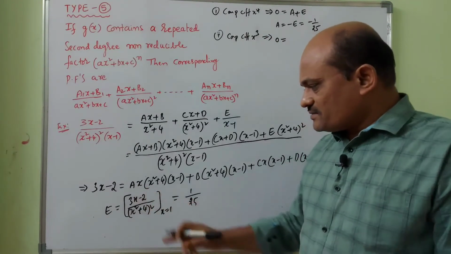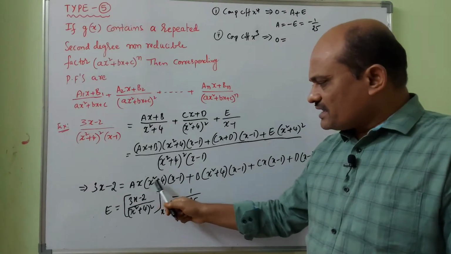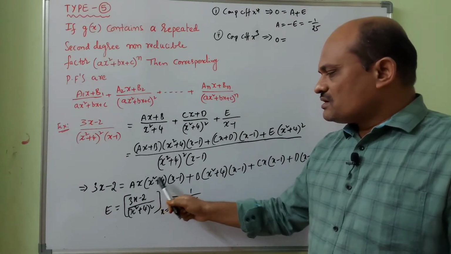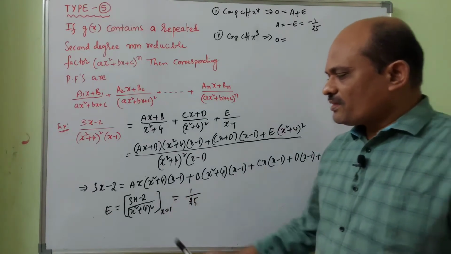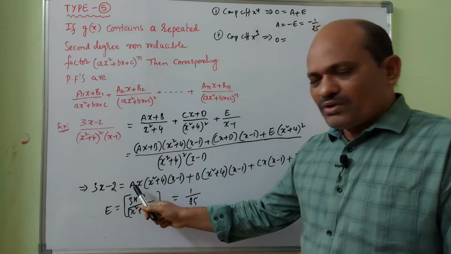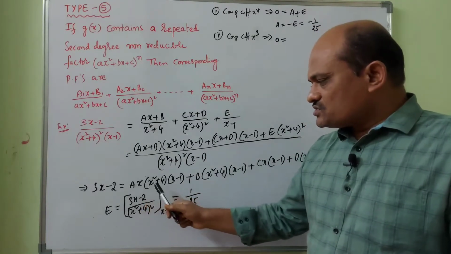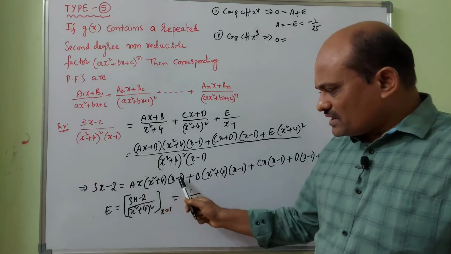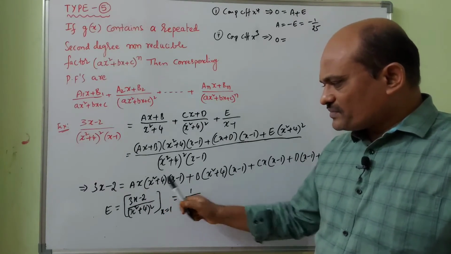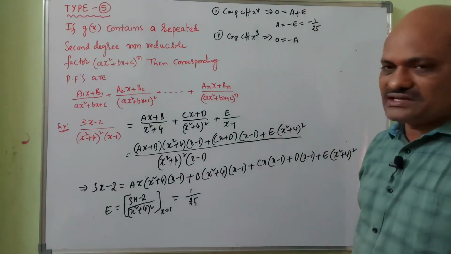Here ax, if you multiply these two factors, what do you get? x cube minus x square plus 4x minus 4. So what is the x cube coefficient here? You have to multiply x square with ax. What do you get? Minus x square into ax, that is minus a. Minus a is the x cube coefficient.